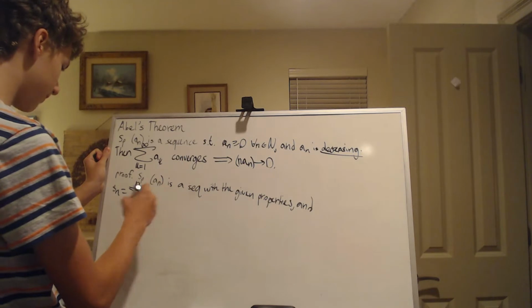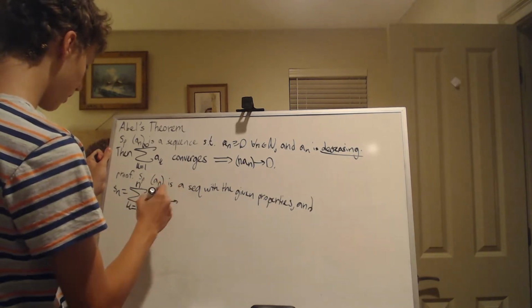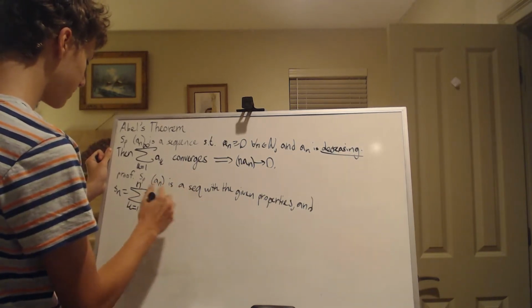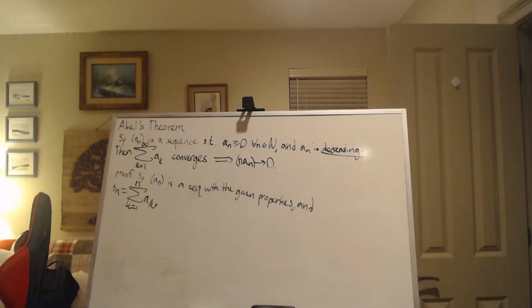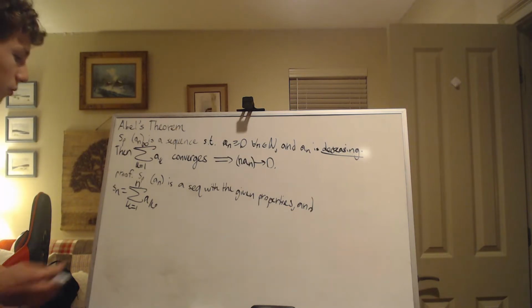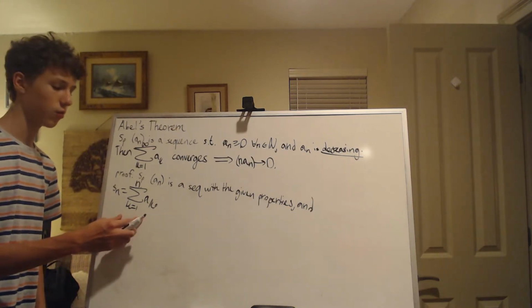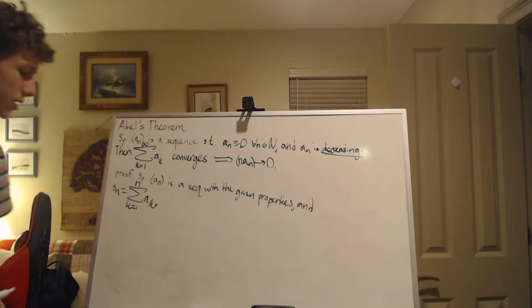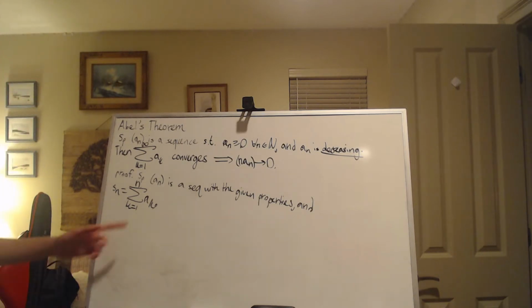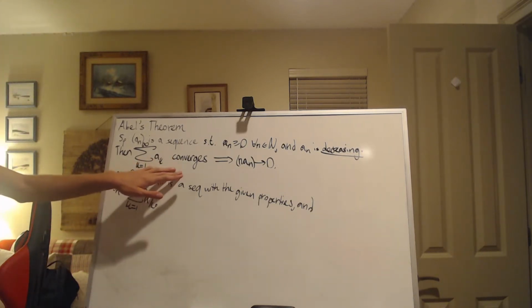So let's see. Given this notation, let's analyze another sequence. To motivate that, we don't really know directly what the limit of this sequence is, although we know it converges by assumption, right?